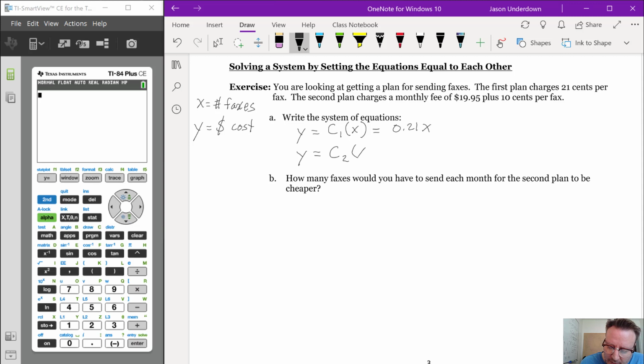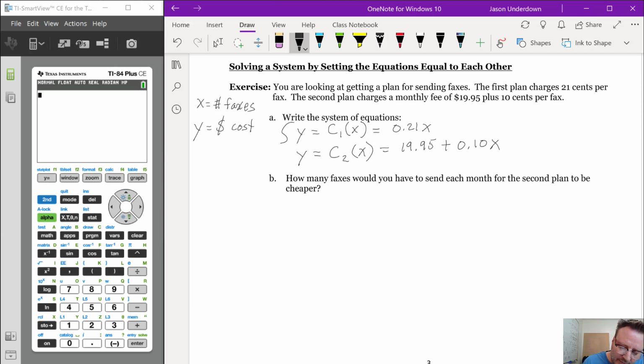Whereas with the second plan, our total cost, we'll call this C sub 2, it's the second plan. We have a fixed monthly fee of $19.95 plus 10 cents per fax, so plus 0.10 times x. There we go.